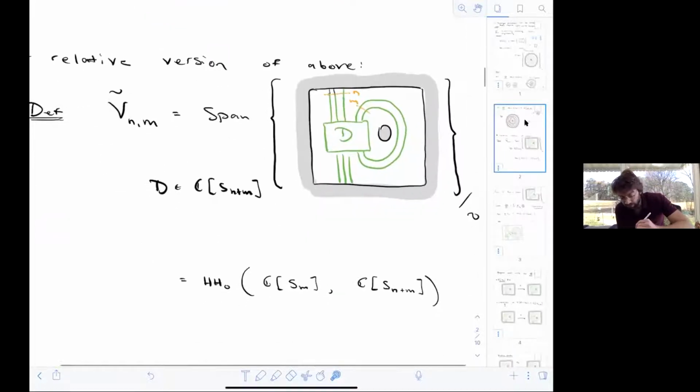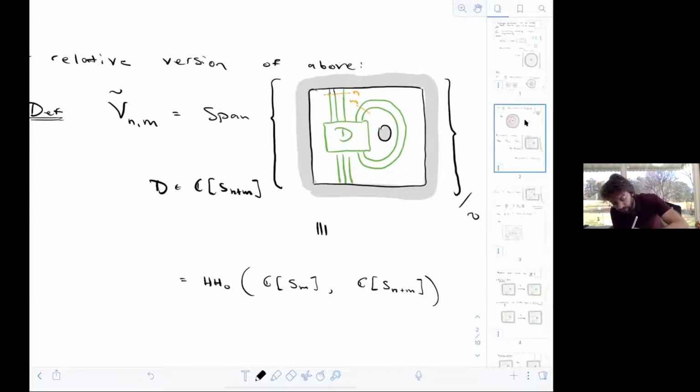Algebraically, what's going on is I'm considering Hochschild homology of the symmetric group algebra on m letters, and here I'm considering this as a bimodule for that algebra, where the left and right multiplications are given by, given a permutation on m strands, I adjoin n parallel strands off to the left.